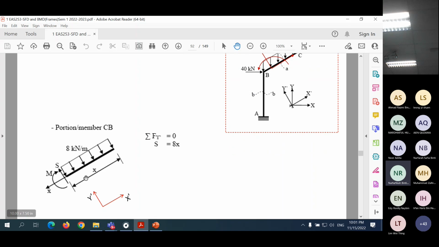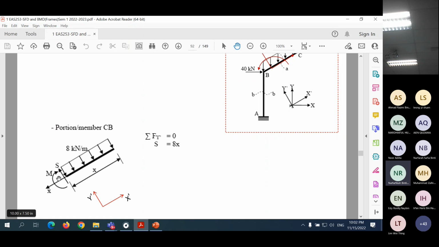Once we have settled that, whenever we want to calculate shear force, we need only consider the component of the load which is in the direction of shear force. The component of the load parallel to the member will not affect the shear force, so we don't show the component parallel to the member.